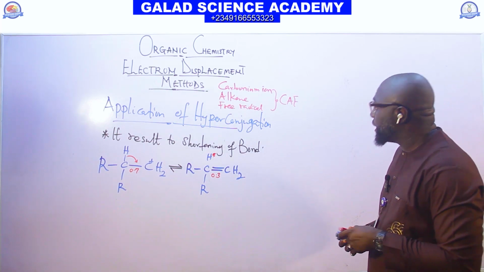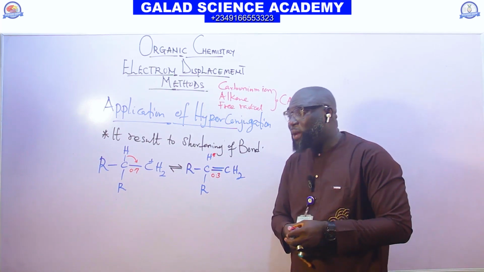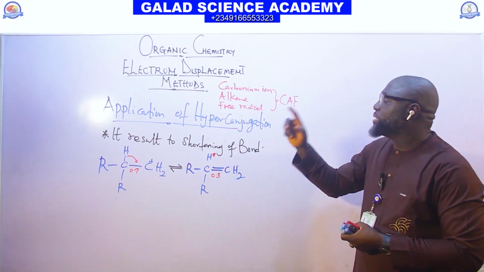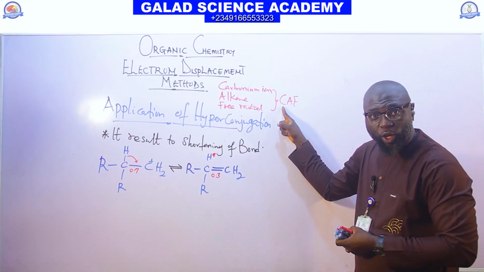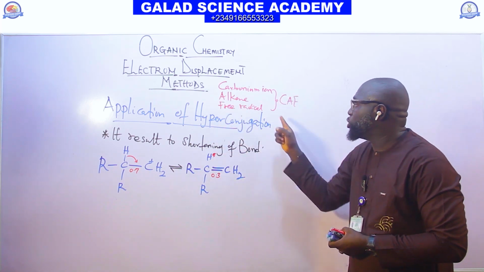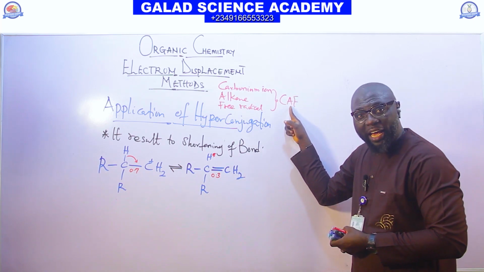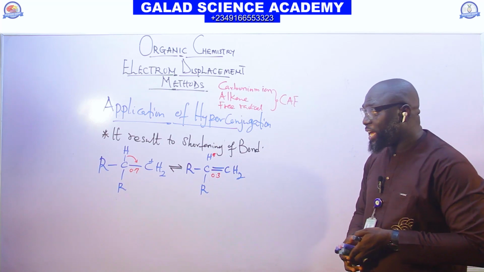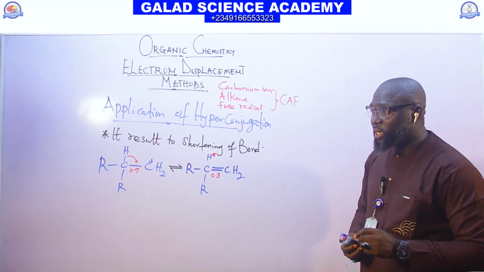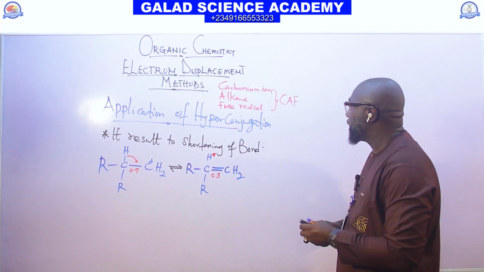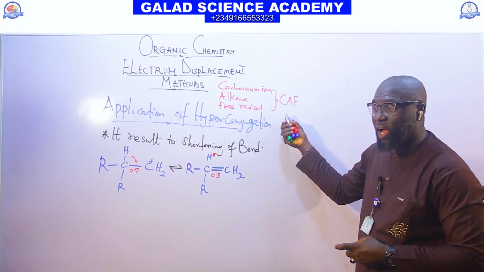Now I need to explain the stability of carbonium ion, the first one, and the stability of alkene and free radical. The first one now, let me account for stability of carbonium ion first.